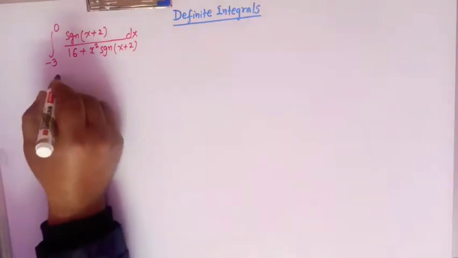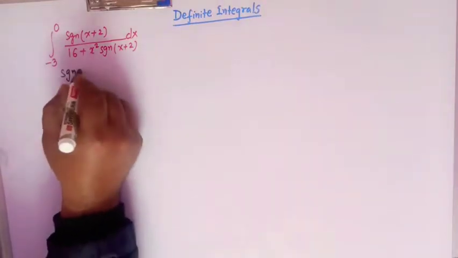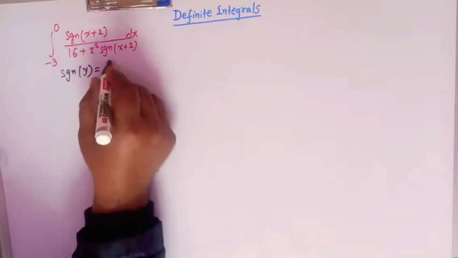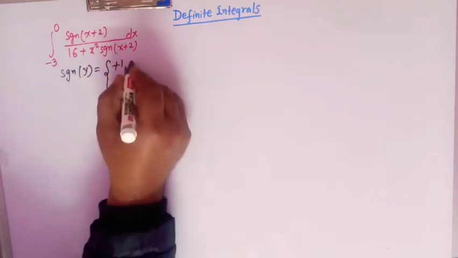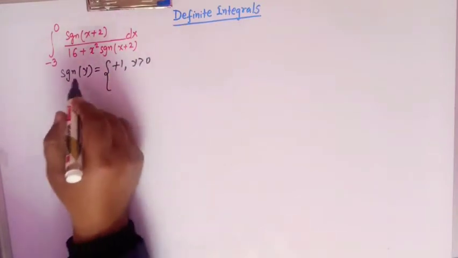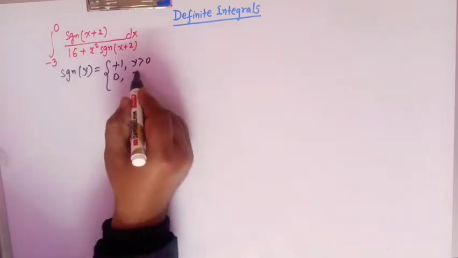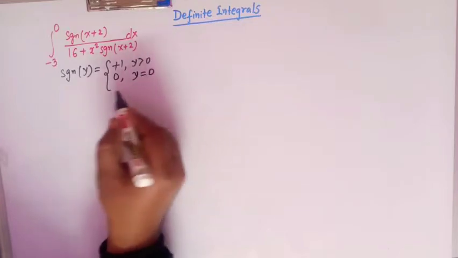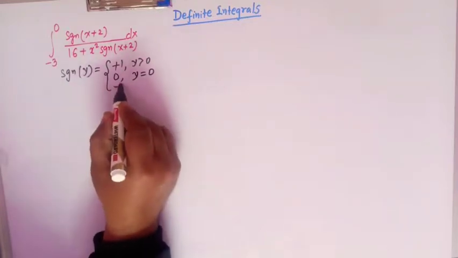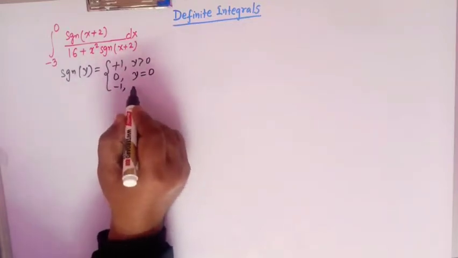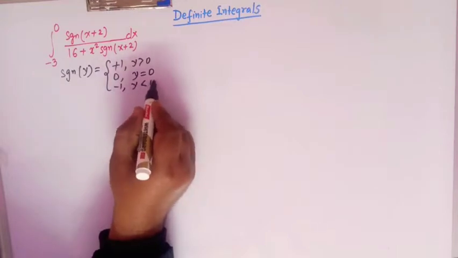We know that signum of y is equal to +1 whenever y is greater than 0, signum of y is equal to 0 whenever y is equal to 0, and signum of y is equal to -1 whenever y is less than 0.